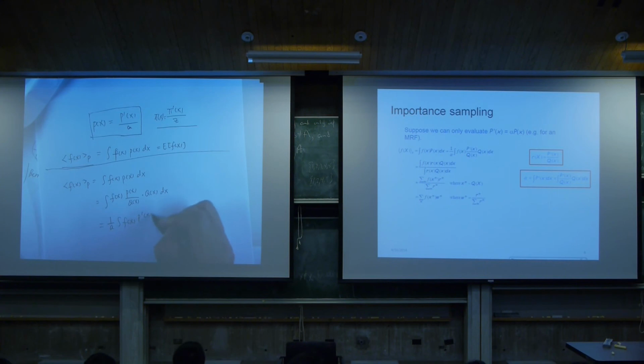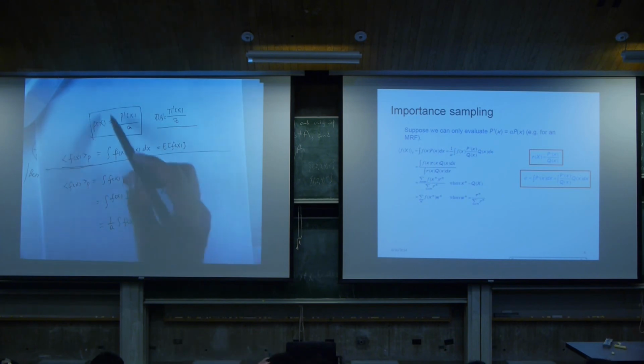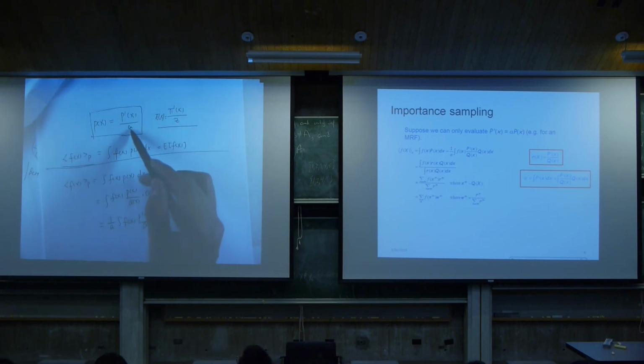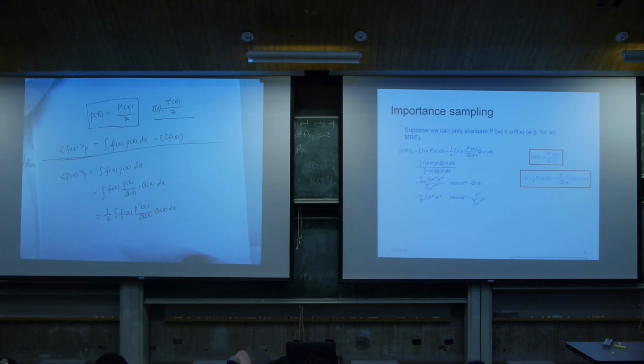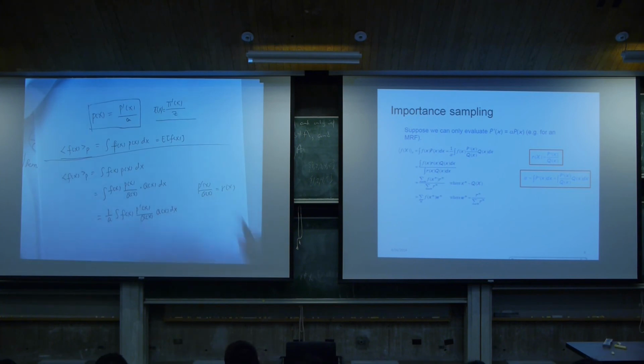So we have the integral of fx P prime x over Qx, times Qx, dx. We simply plug in the definition of Px into here and take A out of the integration, because A doesn't depend on x. We define P prime x over Qx as, we use gamma x, Rx, to denote this quantity, and plug it in.